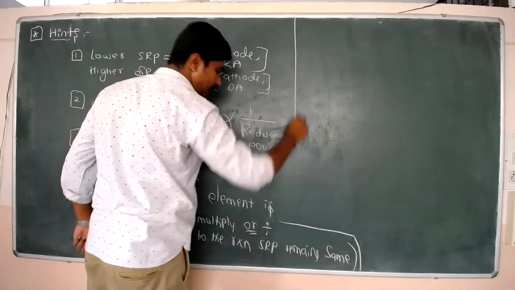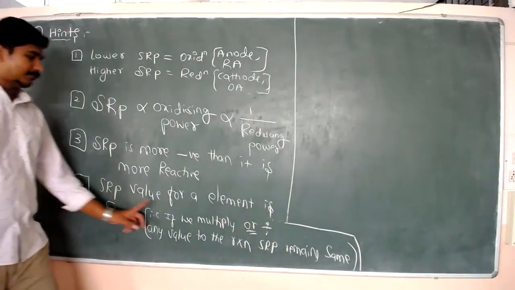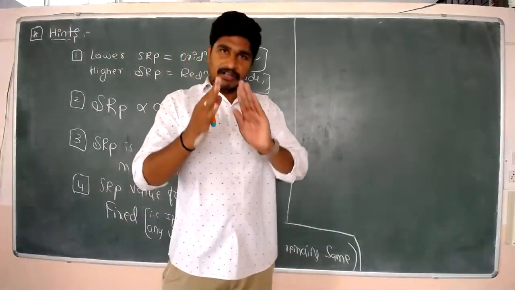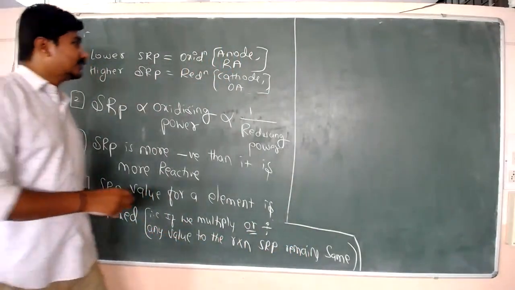This one is the fourth thing. Means SRP value for the element is fixed. If you multiply any value to the reaction or divide any value to the reaction, the SRP won't change. It remains same.